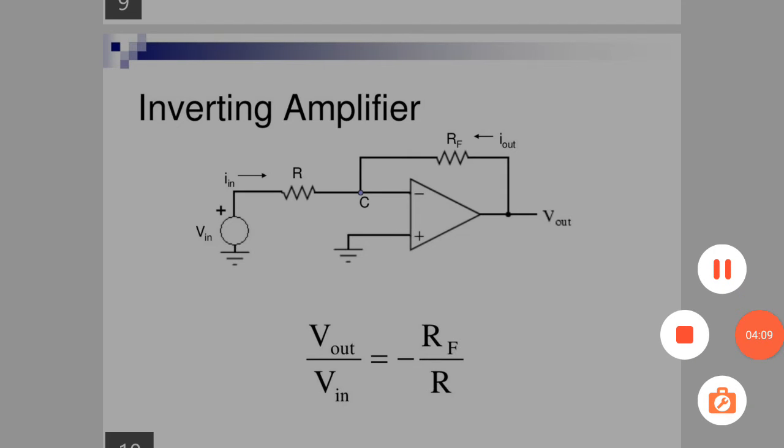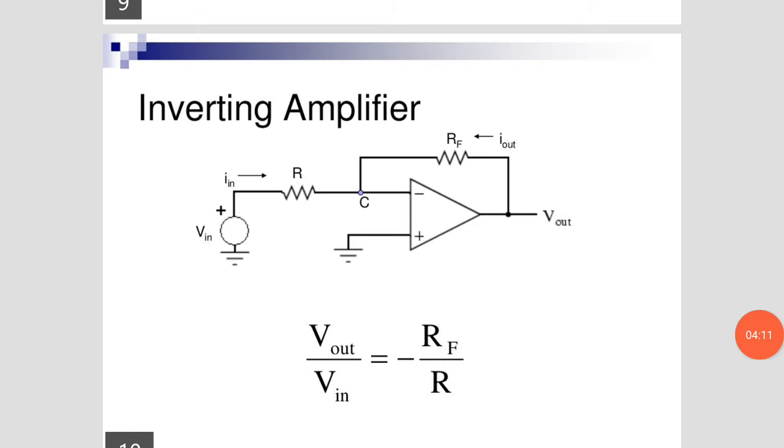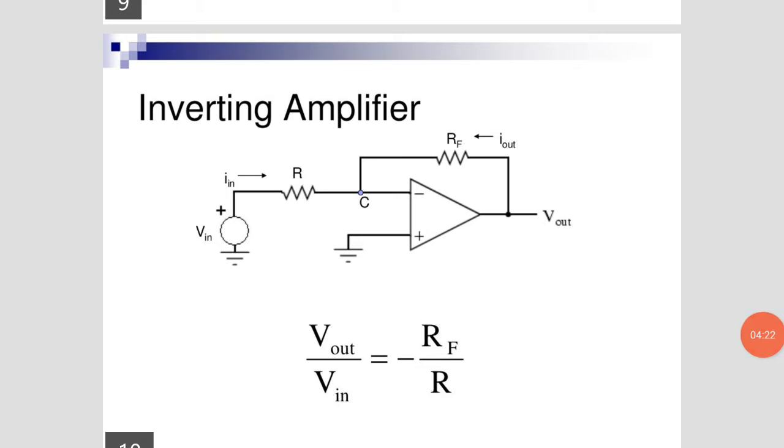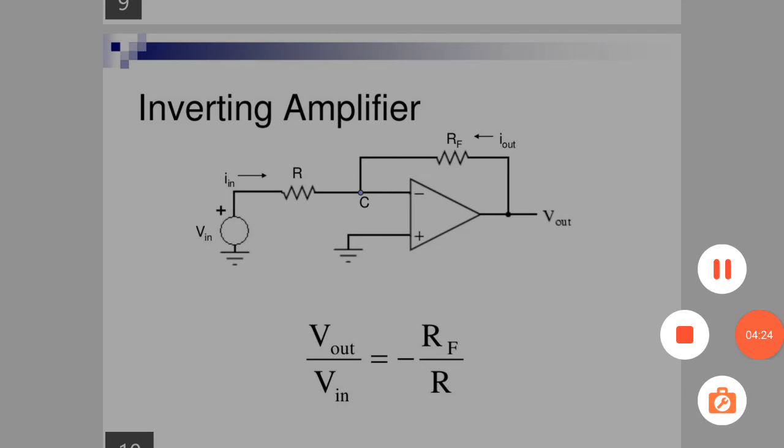The positive terminal is connected to the ground. The output of the inverting amplifier is Vout upon Vin equal to minus RF upon R, where RF is the feedback resistance and R is the input resistance.